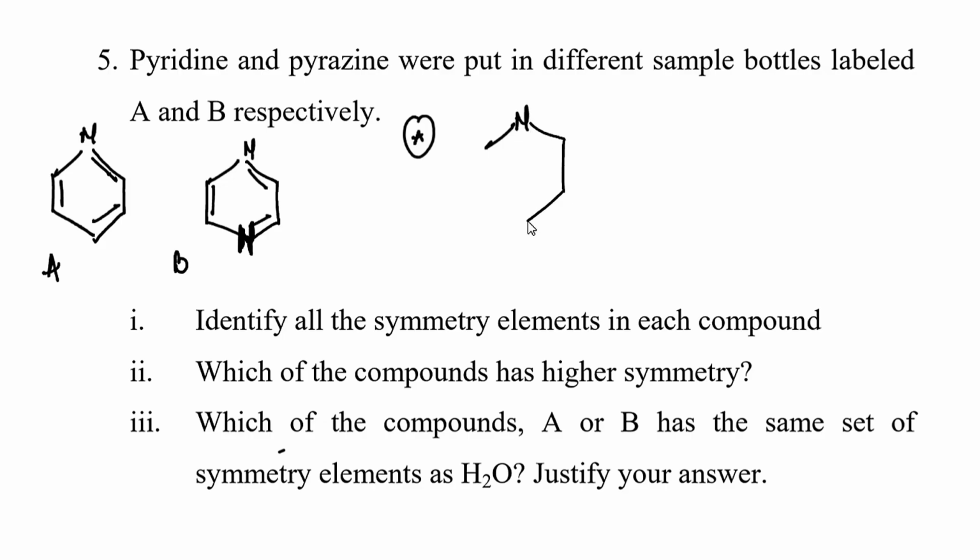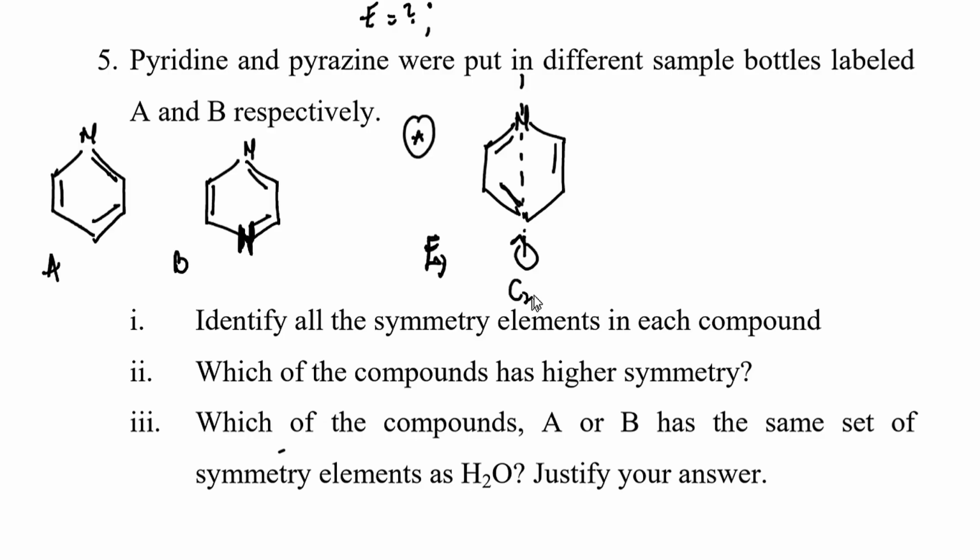The first one is identity. Every molecule, every structure, has an identity. The next thing is proper rotation, and the only one we have is this, through this point. So we have a C2 here.